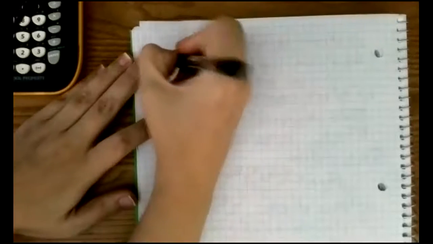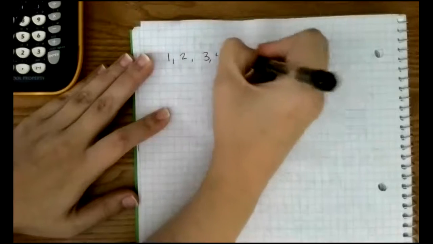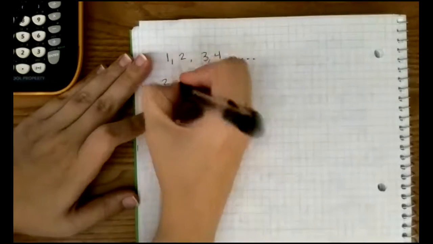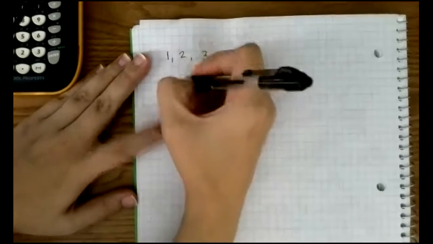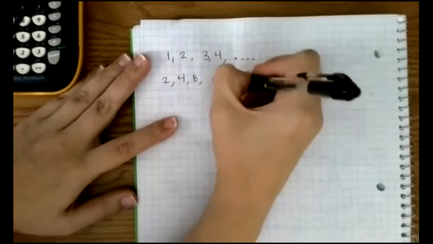We're going to just look at a few of these. I'm going to write a couple of them down. 1, 2, 3, 4 is the first one. Then I'm going to write the first 3 down, just looking at the left-hand column. We'll do these together, and then I'll let you do a couple.